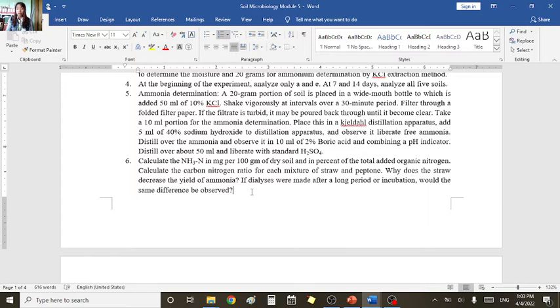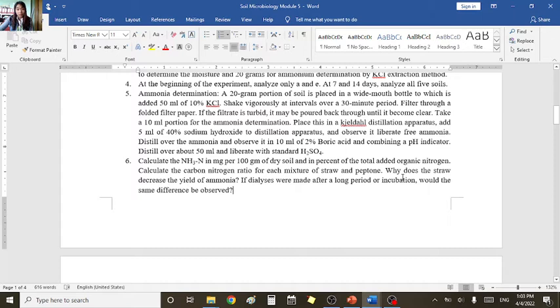Pero pag Kjeldahl, ang ma-analyze mo dito is yung ammonia, ammonium, and total N. Kapag yung isang process, I forget it, no? Pero ang kaya namang i-analyze doon is yung nitrite, nitrate, and then yung na-analyze din ng Kjeldahl. Kaya broader yon yung isang yon.